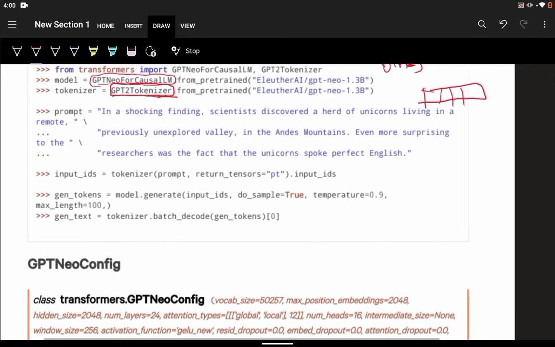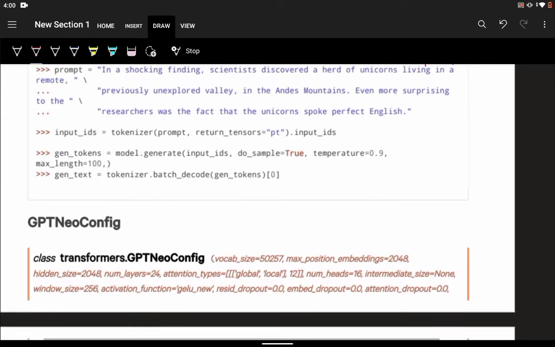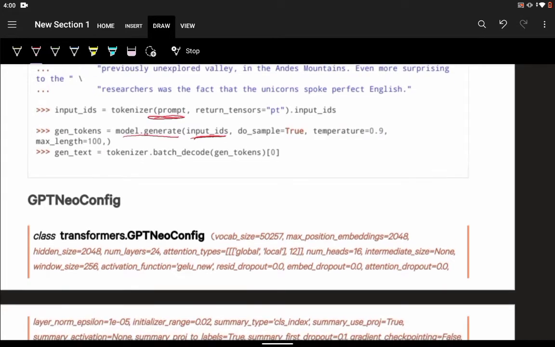So this is the prompt. Basically the input ID is that, you tokenize the prompt. It's a very simple Hugging Face API which is applied over here. Over here you apply the model.generate, in which you have the input IDs generated here. Do sample equal to true is basically like you sample the input IDs. I guess it has something to do with that engine. I'm not quite sure. And temperature of 0.9.